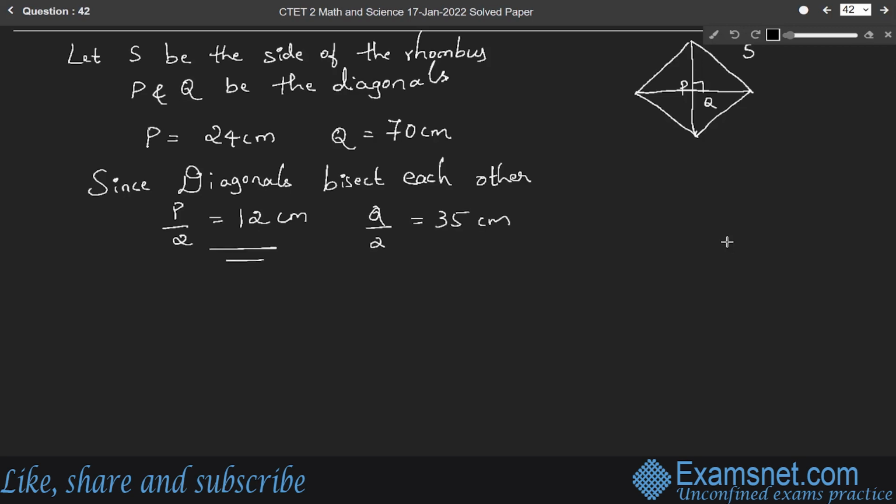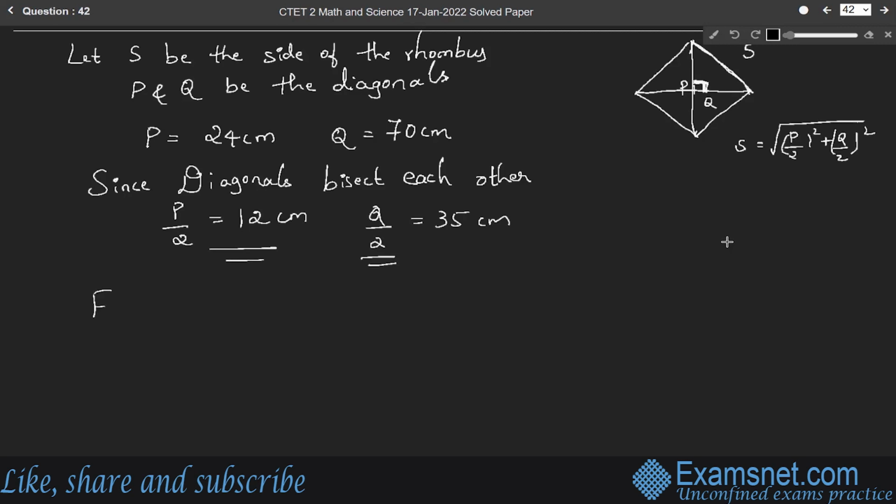Why do we need the value of P by 2 and Q by 2? To find the length of the side of the rhombus. Here we have got a right angle triangle because diagonals intersect each other at 90 degree, right? So the side becomes square root of P by 2 whole square plus Q by 2 whole square because of Pythagoras theorem.